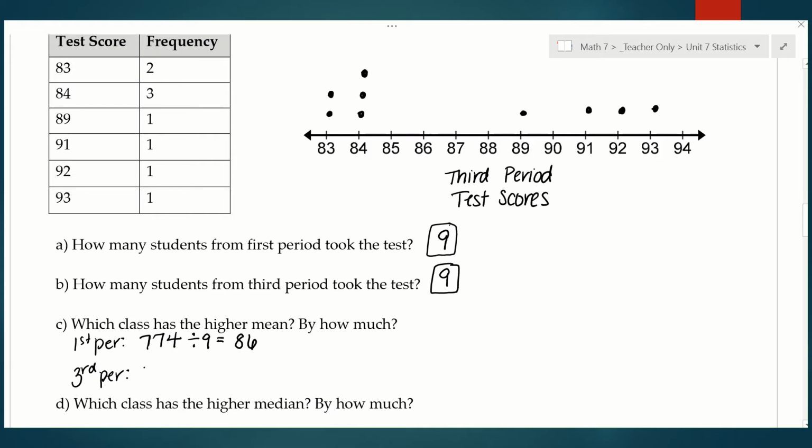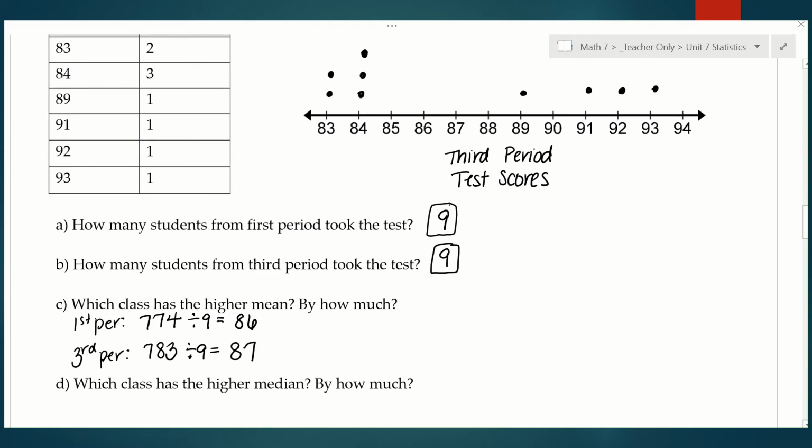Okay, so for that total, I'm getting 783, which again, I'm going to divide by 9, because there was 9 students, and I'm going to get 87 for that mean. So which class has the higher mean? Third period. And by how much? By 1.